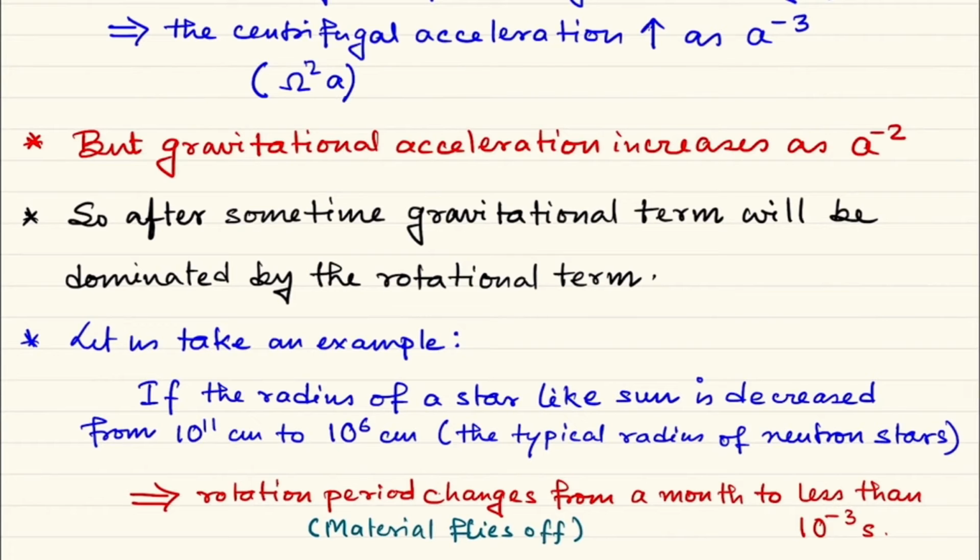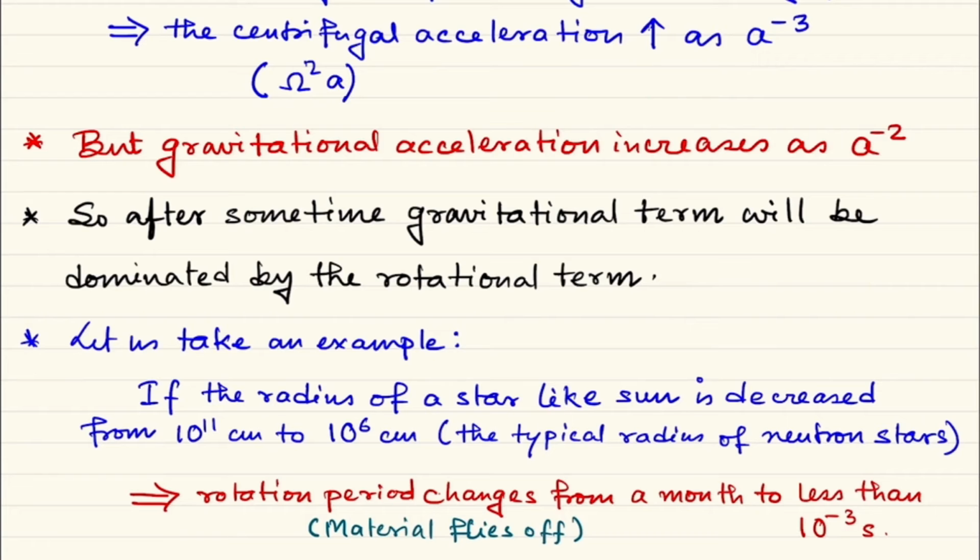Now we want to explore the whole thing by taking a simple example. Let's say the radius of a star like the Sun is suddenly decreased from 10 to the 11 centimeter to 10 to the 6 centimeter. 10 to the 6 centimeter is a characteristic radius of a neutron star. Then one can calculate simply that the rotation period changes from a month to less than 10 to the minus 3 second.